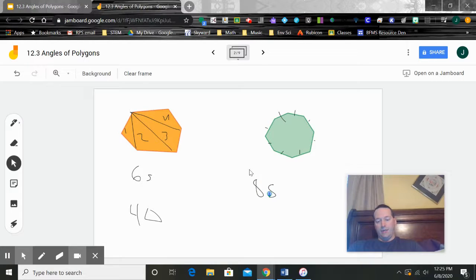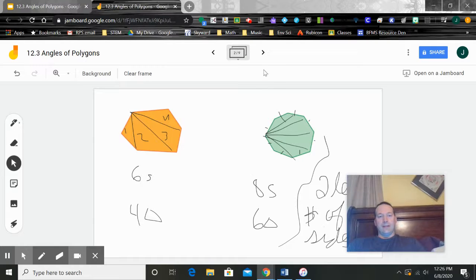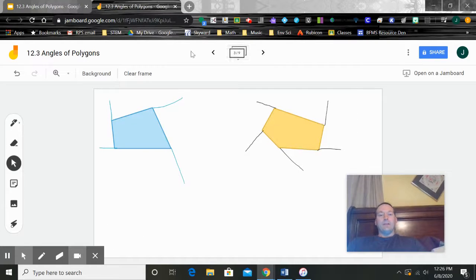And let's see how many triangles we can get. 1, 2, 3, 4, 5, 6 triangles. You guys notice a pattern there? Hopefully you do. The number of triangles is always 2 less than the number of sides. Oh, interesting. All right. So there's the first one.